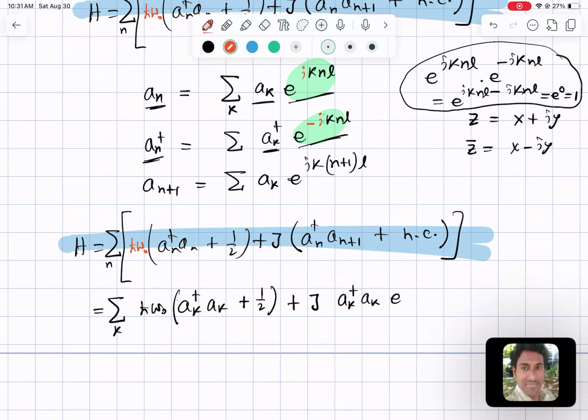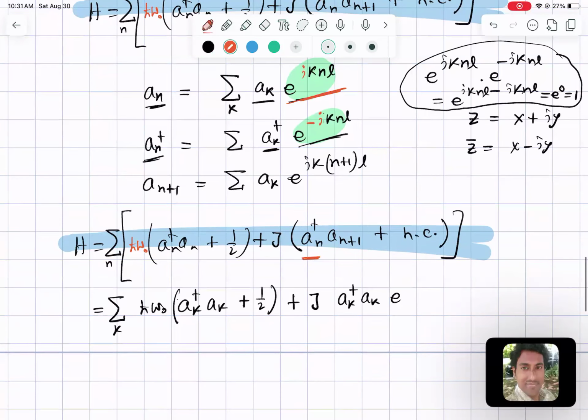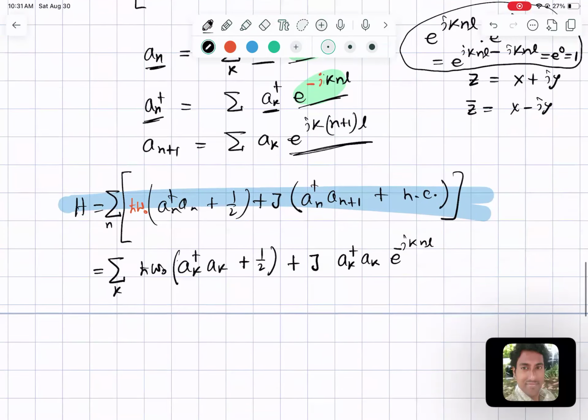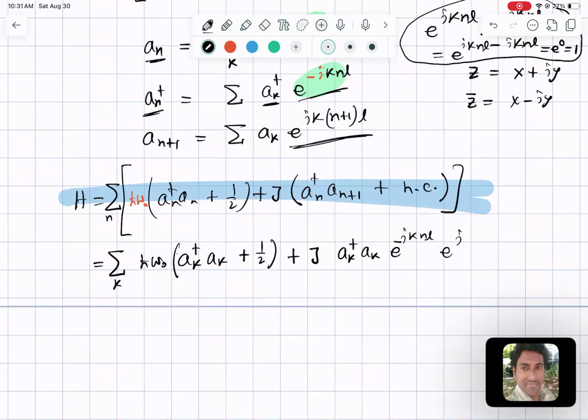So for a_n dagger, we have e to the power i K n L. So e to the power i K n L. Well, that's dagger, so minus sign. For n plus 1, we have e to the power i K (n+1) L. Okay, and then the Hermitian conjugate.